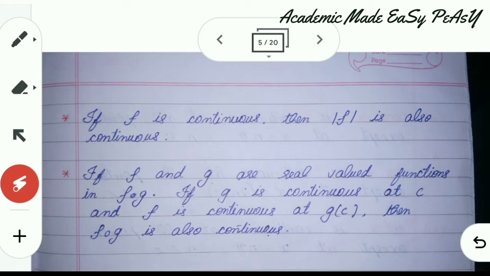Then, if f and g are real valued functions in FOG, if g is continuous at c and f is continuous at g of c, then FOG is also continuous. That is, f and g are real valued functions that we learnt in relations and functions, no? So if g is continuous, then they are saying that FOG is also continuous.